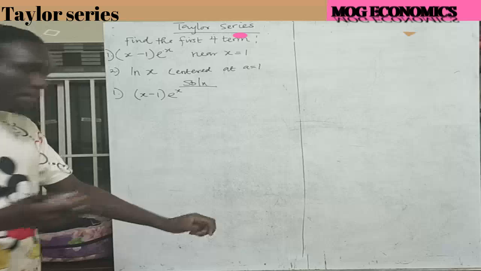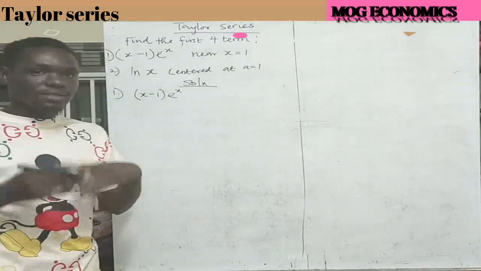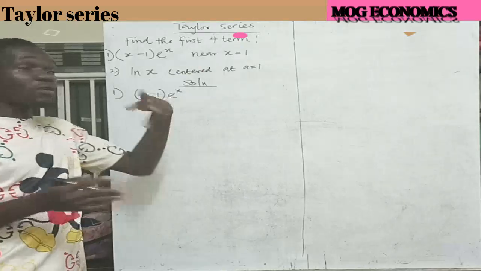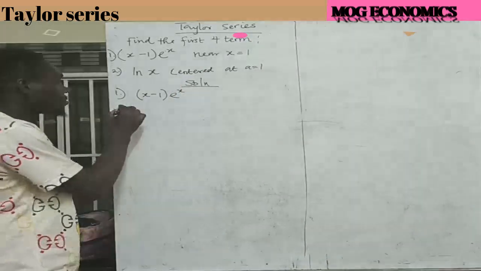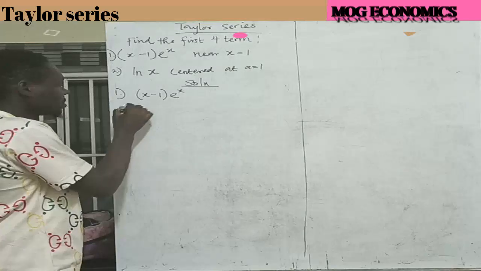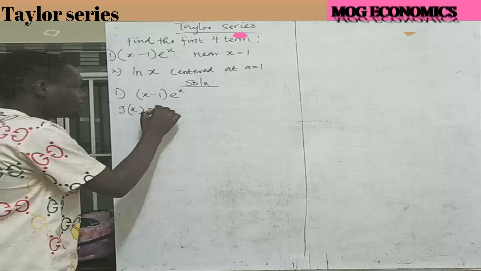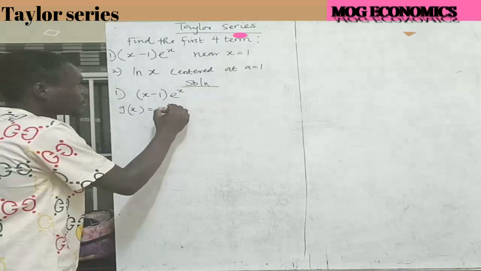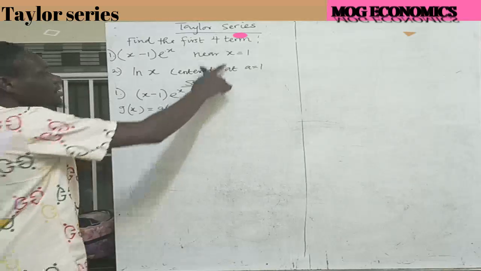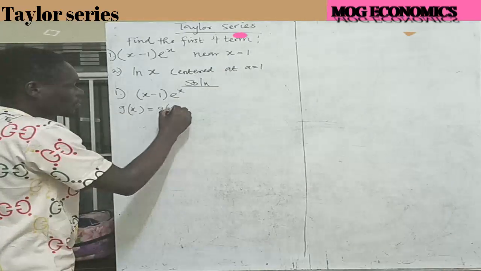Now, you recall from the last class, we came up with a formula, which is the Maclaurin formula, the Taylor formula. So at this point we have to recall the formula. In this case, let's use this value so it won't bring any form of confusion.